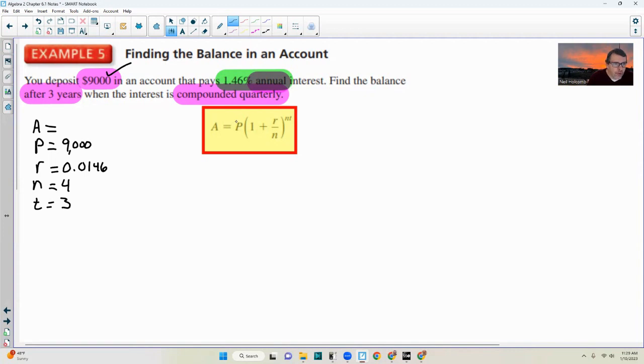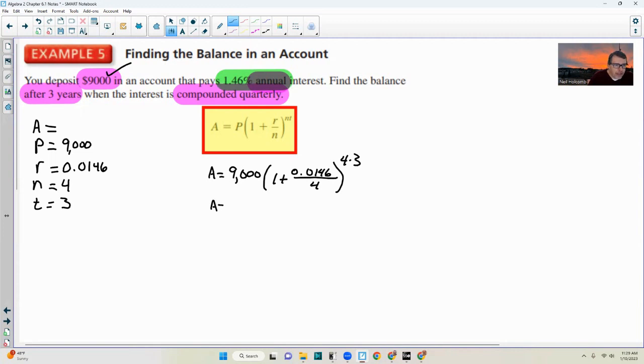So I'm going to use this formula. So if you didn't have this here, you'd write the formula, substitute the givens, to the power of N times T. So there it is. A equals 9,000 times 1 plus 0.0146 divided by 4 to the power of 4 times 3. Okay, so I'm going to simplify this.